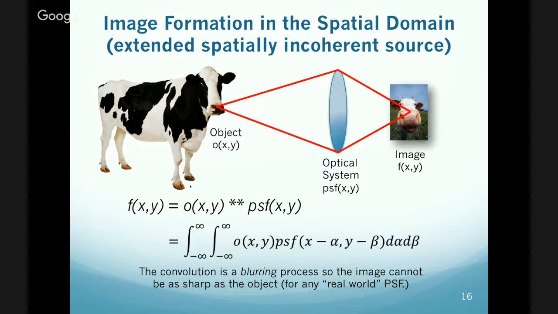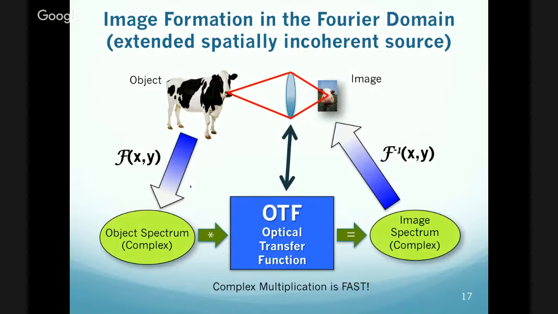Well, how do we do this in the Fourier domain if we were to work in the frequency domain instead? This is kind of a cool thing, that we can do imaging in either the forward domain, which is x and y, or we could work in frequencies. If we take the transform of the object, so we convert it into the spectrum, which is a complex number, and then we have something called the optical transfer function.